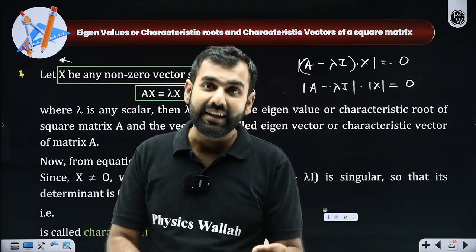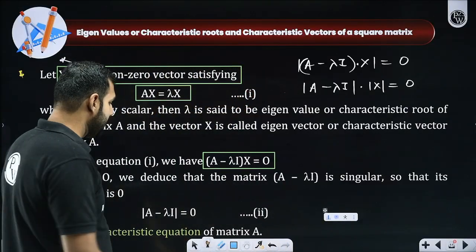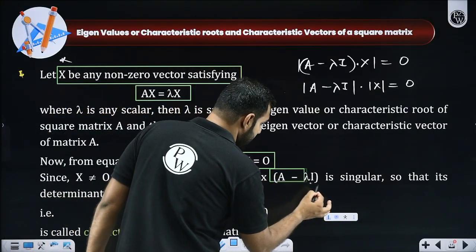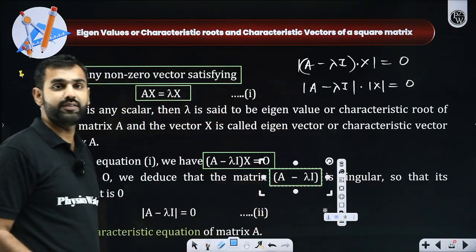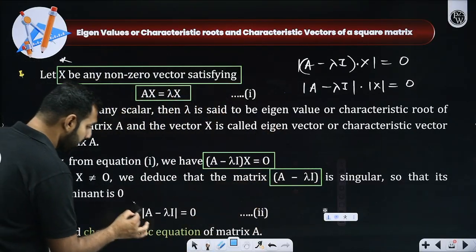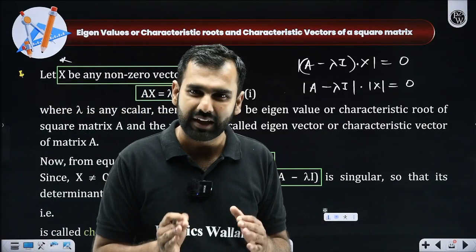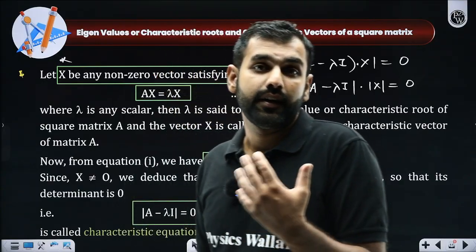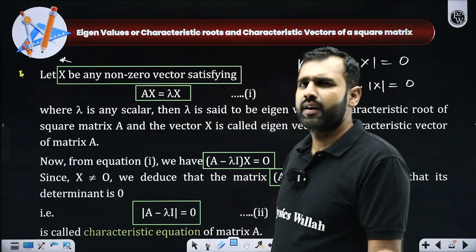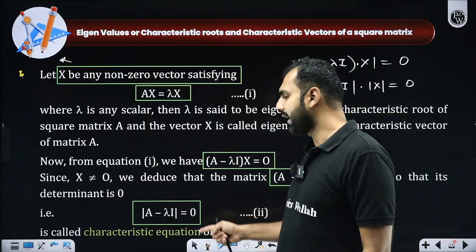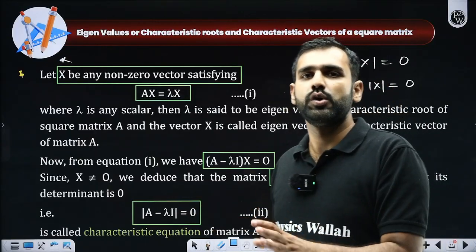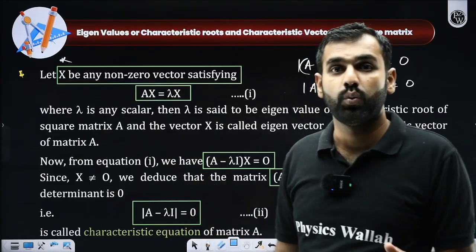So what Cayley-Hamilton came up with was that A minus lambda I is definitely going to be singular, which means determinant of A minus lambda I is bound to be 0. For any matrix A, there exists a scalar lambda such that A minus lambda I will be singular, which means its determinant will be 0.